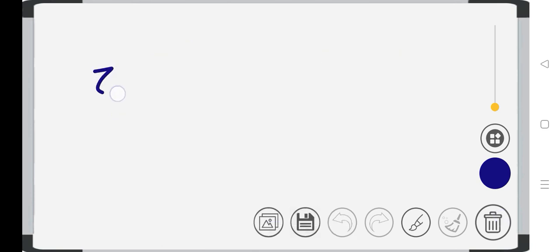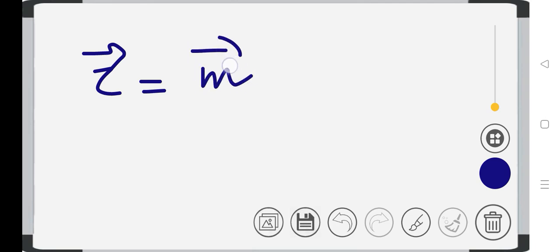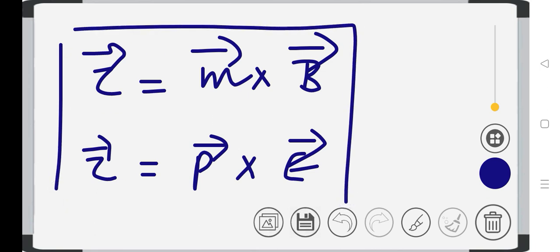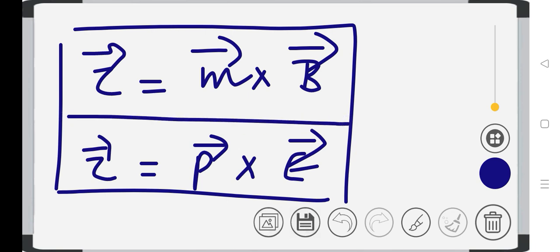That torque is equal to m cross B, that is mB sine theta. Its analogy in electrostatics is p cross E, the torque acting on a dipole in an electric field. In the case of electrostatics, it is P cross E. These are the things we learned in moving charges and magnetism. So we have covered the entire chapter here.